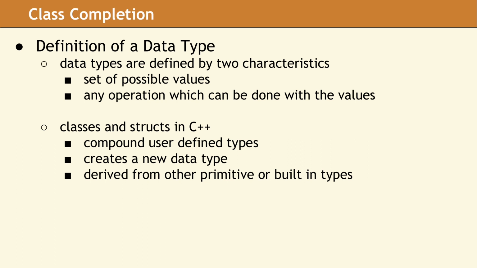For a data type like an integer, the set of possible values are numbers like 0, 8, or 17. The operations might be things like adding two values, copying the value to a different variable, or comparing two integer values.